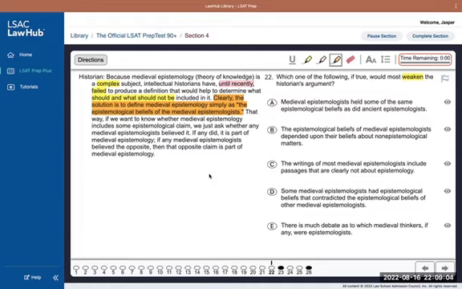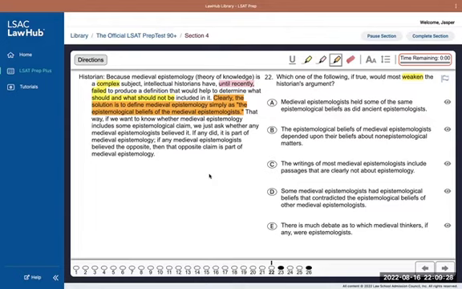So we're kind of kicking the can down the road. I think that's the saying, but sort of like passing the buck. So instead of the issue of is it epistemology or not, we're now going to have to ask the question of is this person an epistemologist or not?